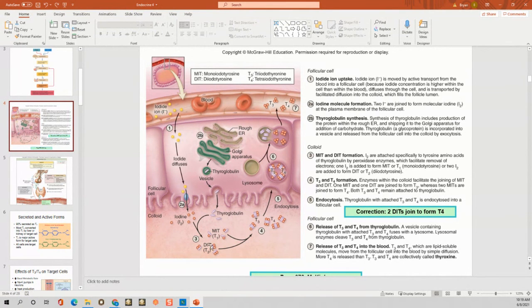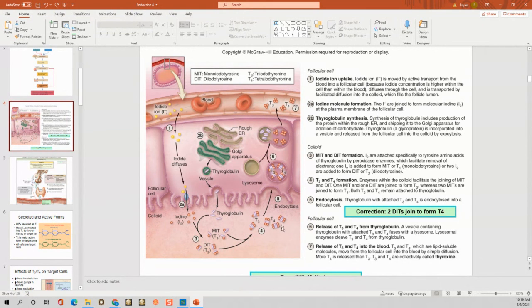And now those are going to start to combine with one another. MIT never combines with MIT. MIT can combine with DIT to form T3, or DIT can combine with DIT to form T4. But these are still bound to a protein, not lipid soluble.